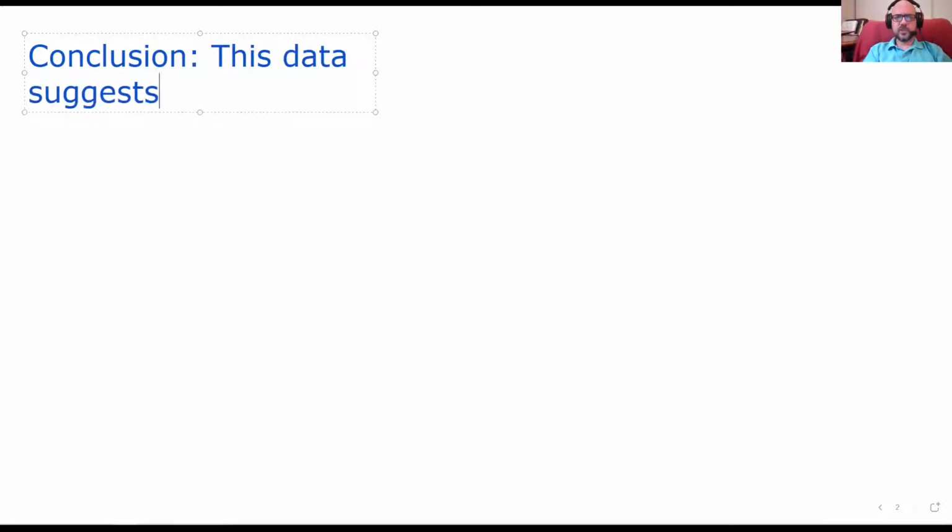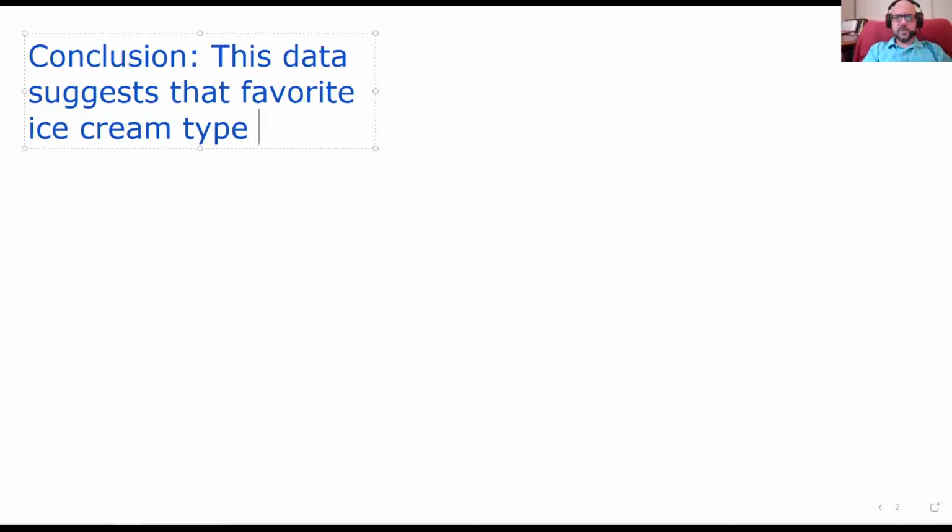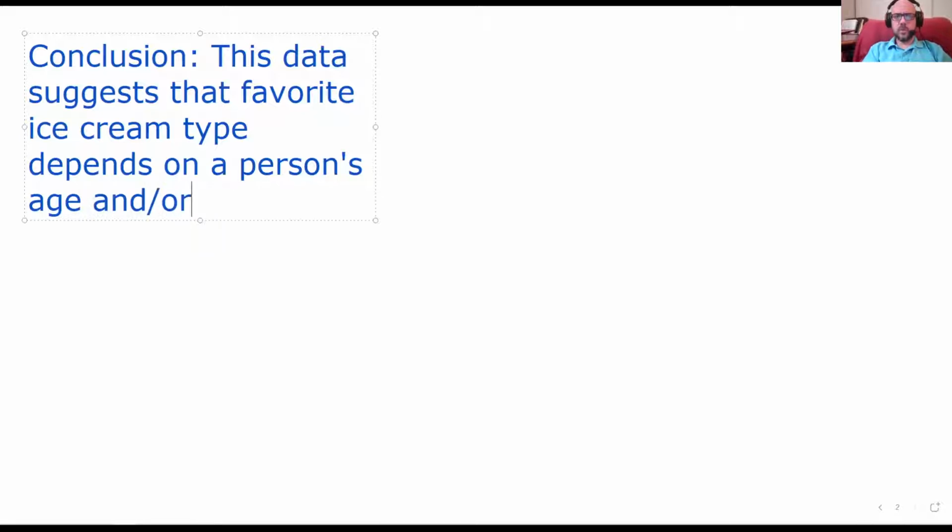So let's go write a conclusion here. Yeah, let's do this text-wise. Our conclusion: this data suggests that favorite ice cream type depends on a person's age and or gender.